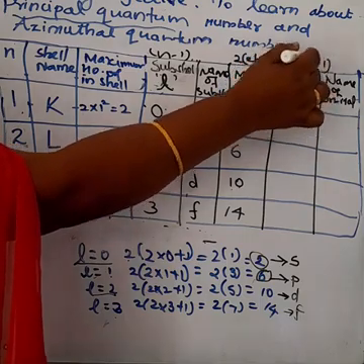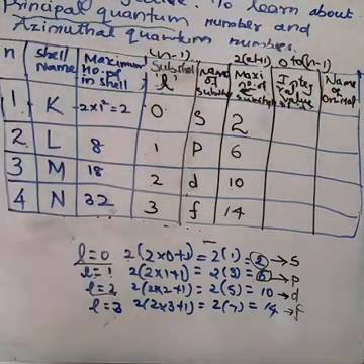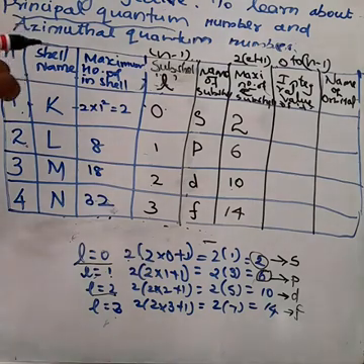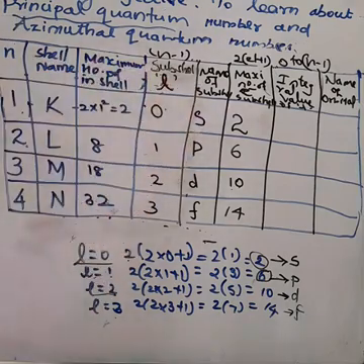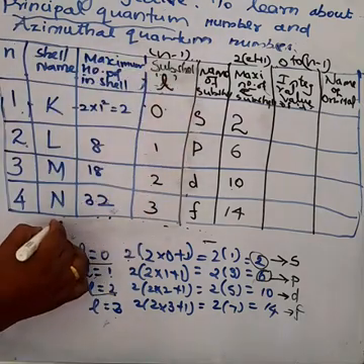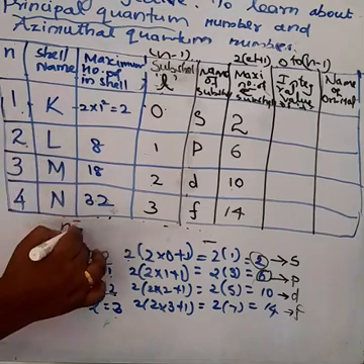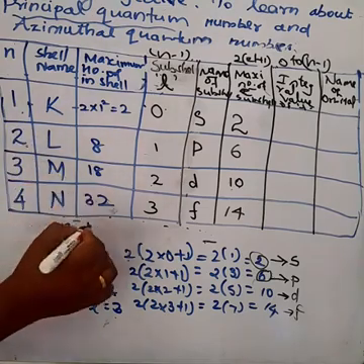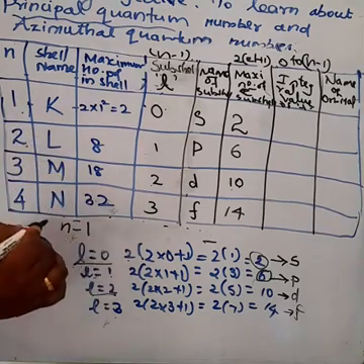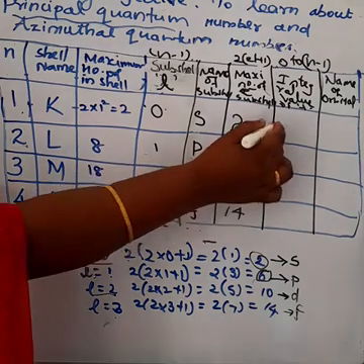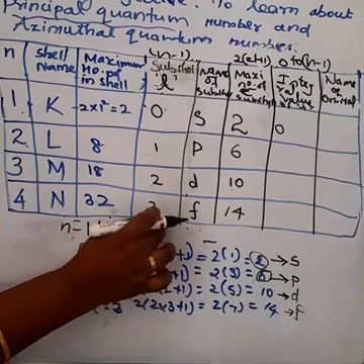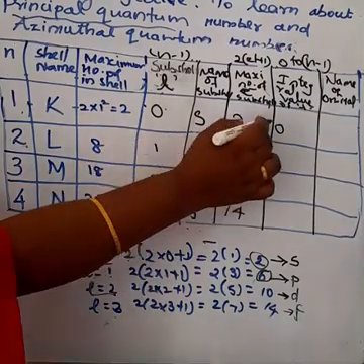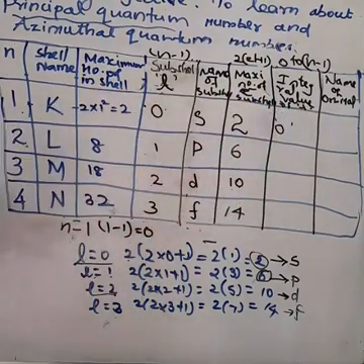So first, 0 to n minus 1. When n is equal to 1, what is the integral value? 0, and n minus 1 means 1 minus 1, we get 0.